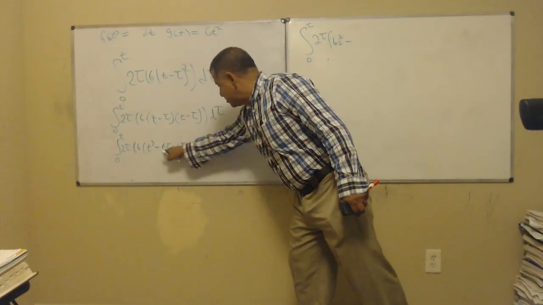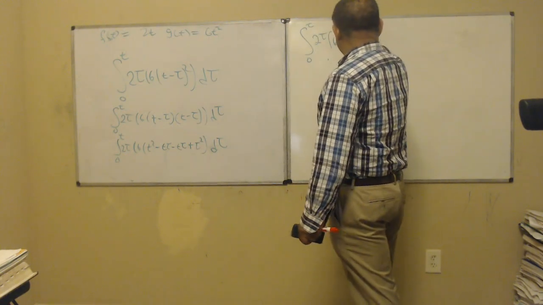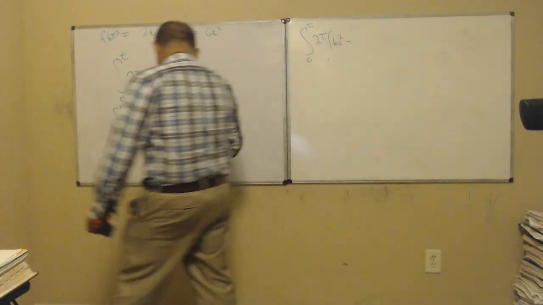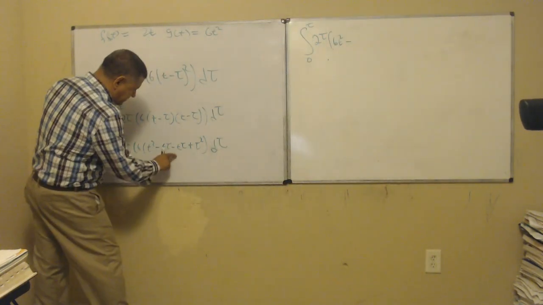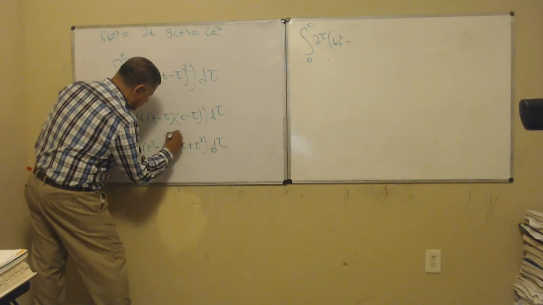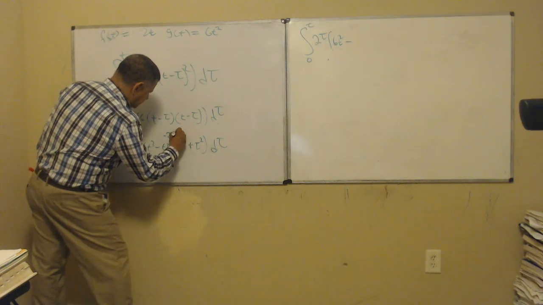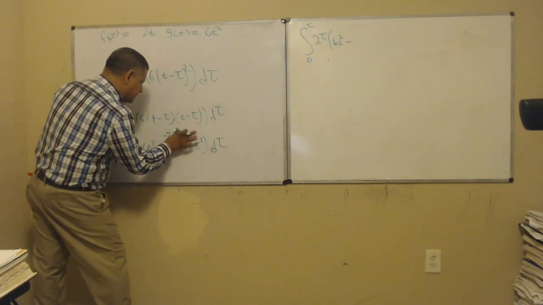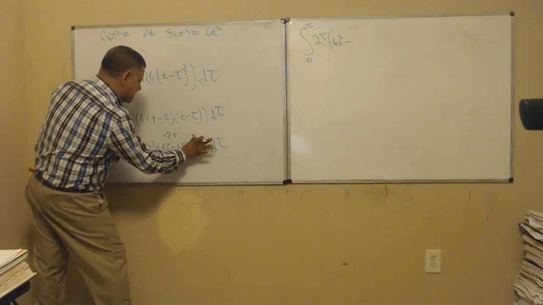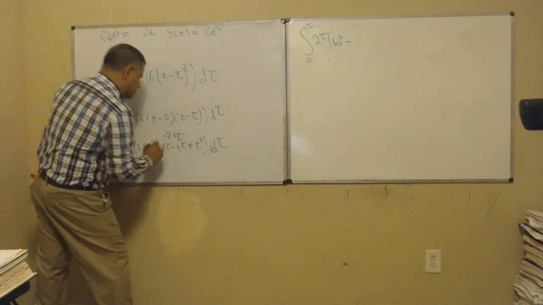If you notice that these are negative, this becomes negative 2 t tau, negative 2 t tau.